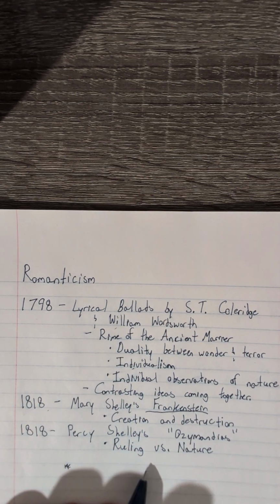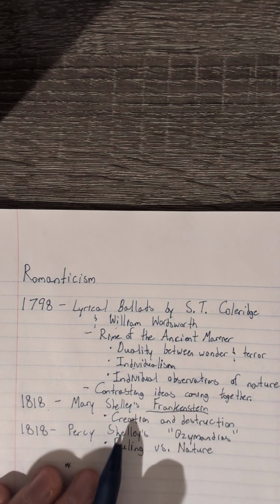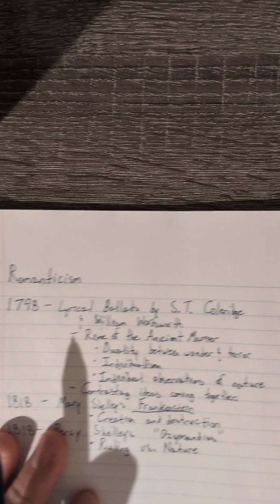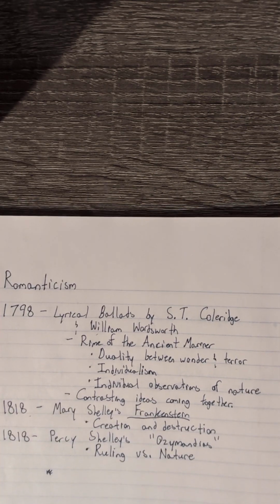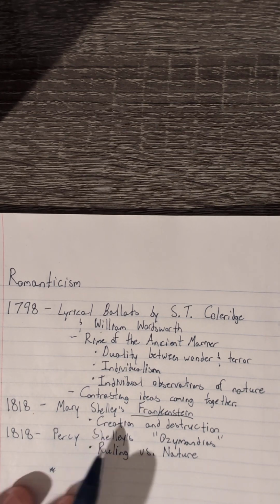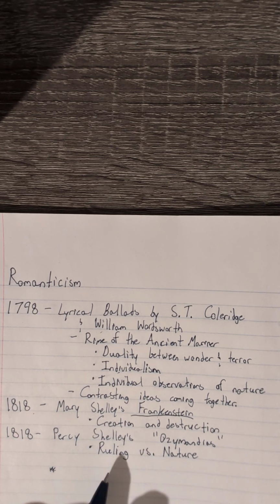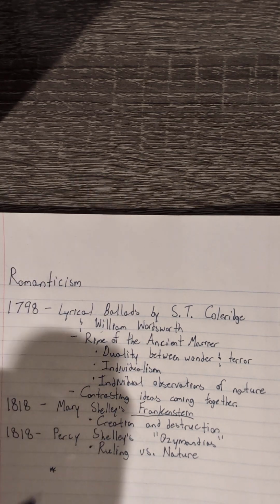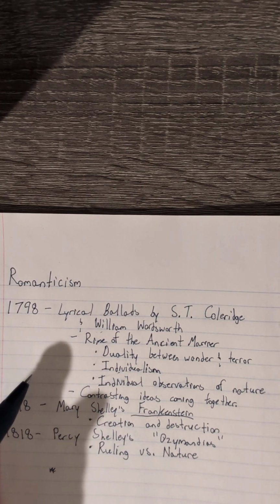But this is the Romanticist period in literature, and the beginnings and origins of it, at least in English literature. It might be different in other nations during that time period. This is for British literature, English literature.